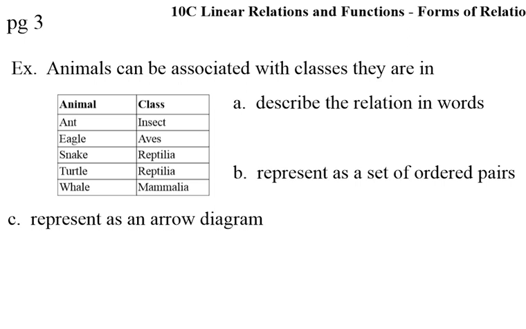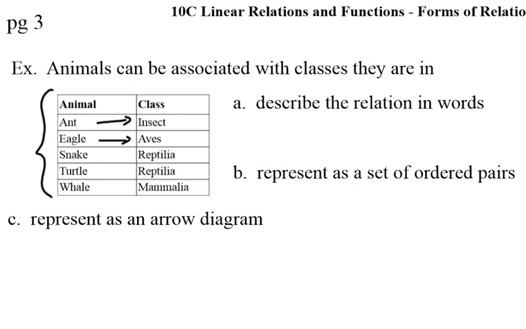What's important to understand is it's not just about data in terms of mathematical data. We can see relations for things that aren't just numbers. So if we take a look at this chart here, we have an ant, an eagle, a snake, a turtle, a whale, and it tells us, well, an ant is an insect.